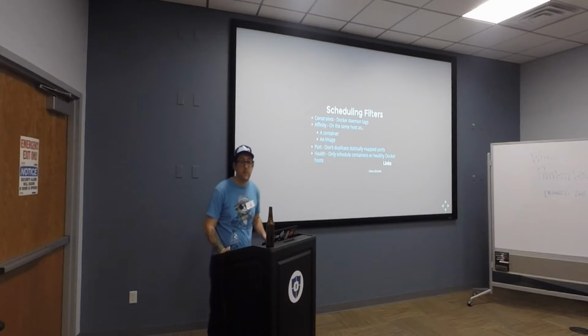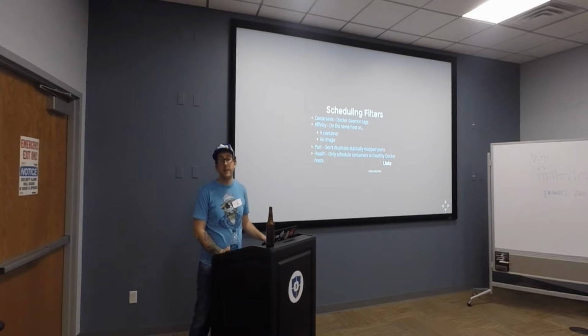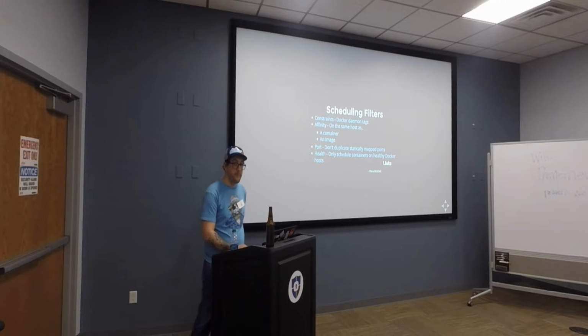Health filter is just automatic, right? It is. It's built in. You have zero control over how that works, so you can't get any kind of tricky business in there. Their definition of health may differ from mine, but luckily this is written by the Docker guys, and so I do trust their definition of health at this point in time. Well, it's Docker health versus application. Yes.